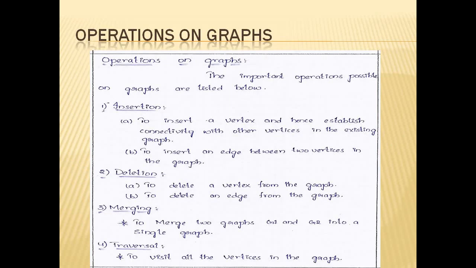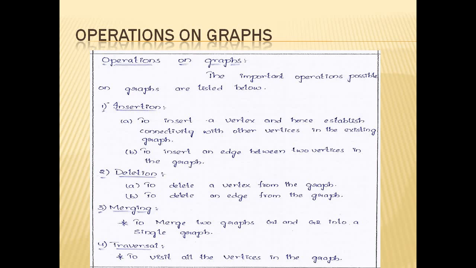Next one is operations on graphs. Like the operations which we discussed in other topics, like insertion, deletion, merging, here also we will represent, and traversal also here. So insertion is nothing but adding one vertex to an already established graph.